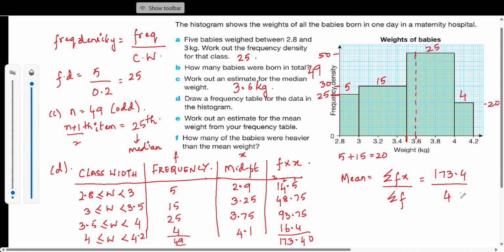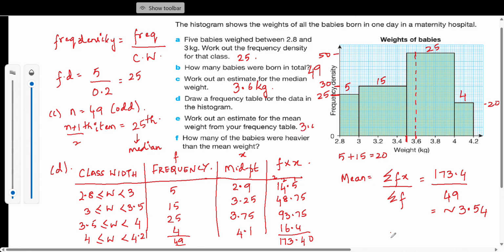Let us calculate that. 173.4 divided by 49 gives us 3.538, could be rounded to 3.54 kg.